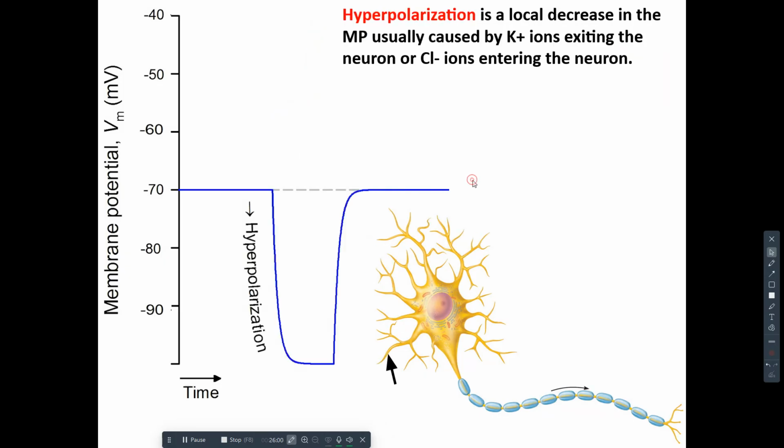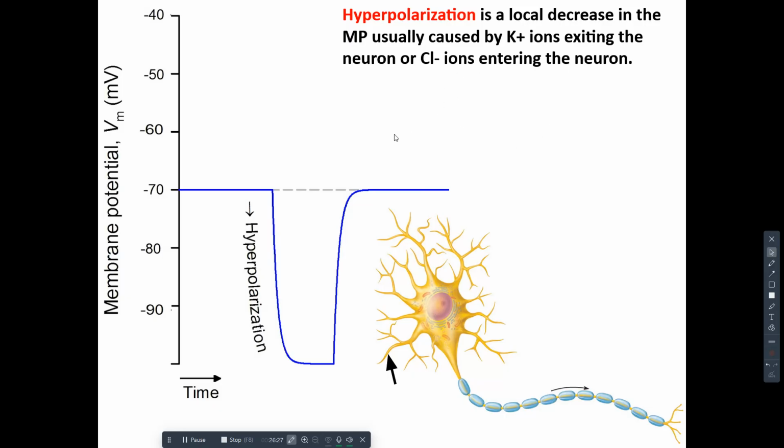Okay. The other thing we could do is we could hyperpolarize. So again, at this spot in the neuron, we're at rest, we're at negative 70 millivolts. And then either some potassium ions leave or some chloride ions go in. Notice chloride is negatively charged. In both of these situations, either pluses exiting or negatives entering.